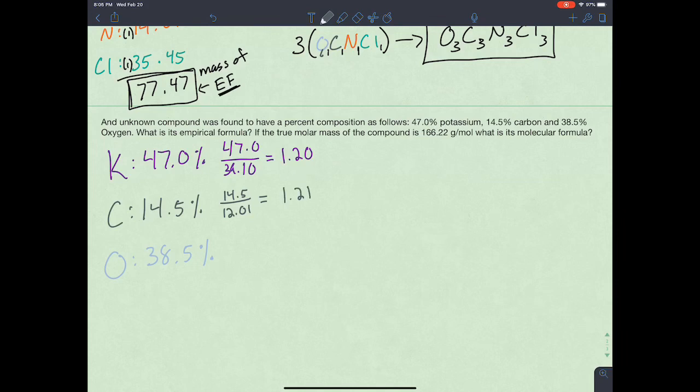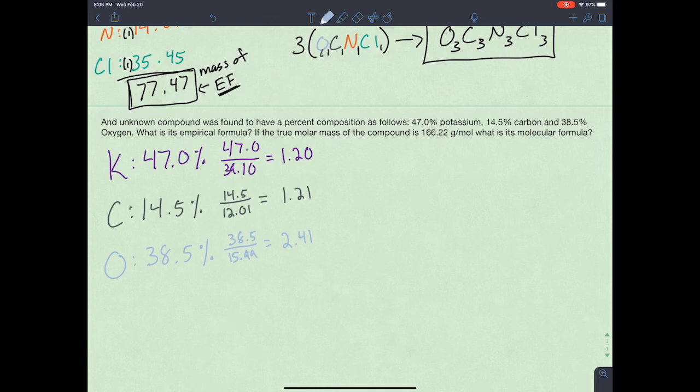All right, and then lastly I go on to oxygen, 38.5 divided by 15.99, and you might do 16.00, that's fine. Either way, you're going to get pretty much the same answer. It's going to give me 2.41.